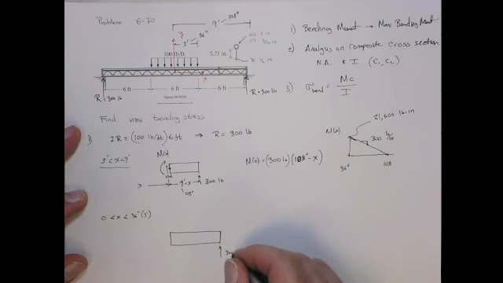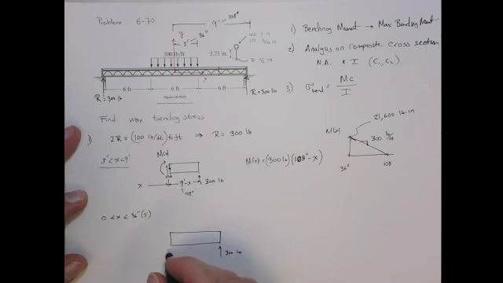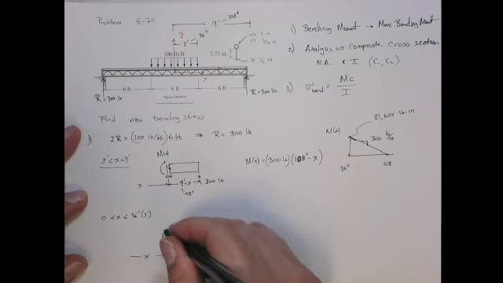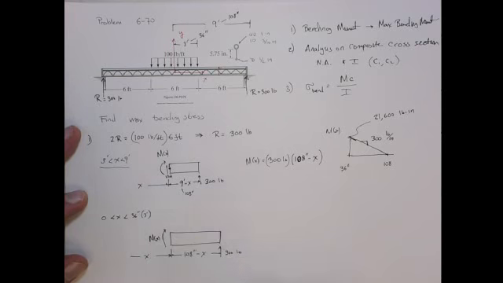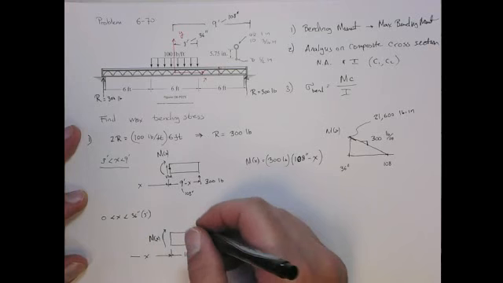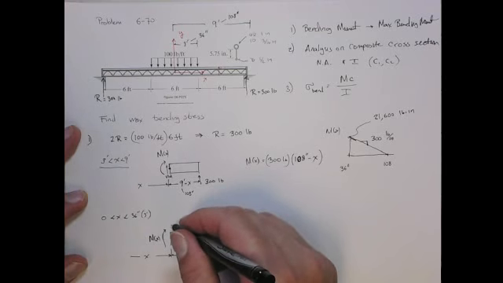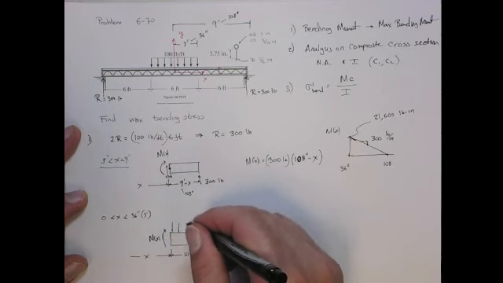That's going to be the same. And this distance here is still 108 minus X, and this distance here is still X. Here's the moment. And the shear force, I won't draw the shear force. But we also are going to have the downward distributed load.